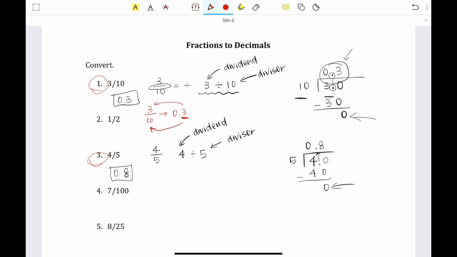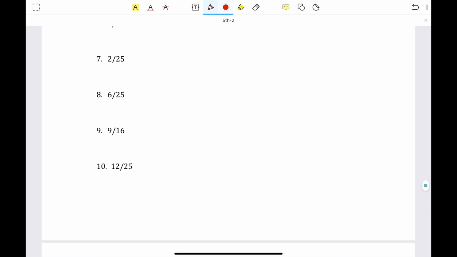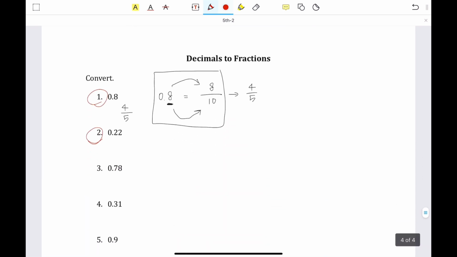So that's what I did with 0.8, but instead went the opposite way. And I proved that this was able to work by showing you the division form of this. So this is a shortcut way of converting decimals to fractions to decimals.